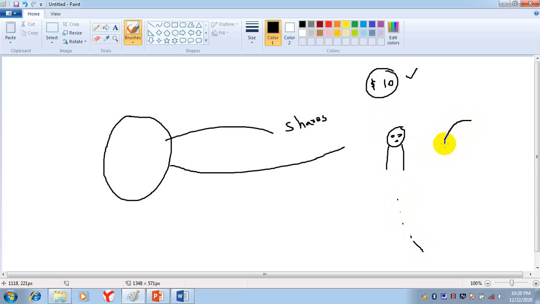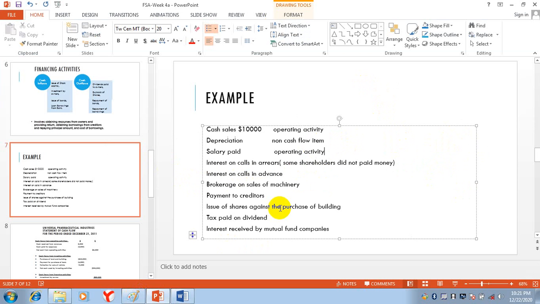So on that money, we received interest and the principal payment. We told them that you will make the principal payment, plus since you're 3 months late, you will also pay the interest on that money. So basically we are receiving finance from these shareholders, so it will be a financing activity.